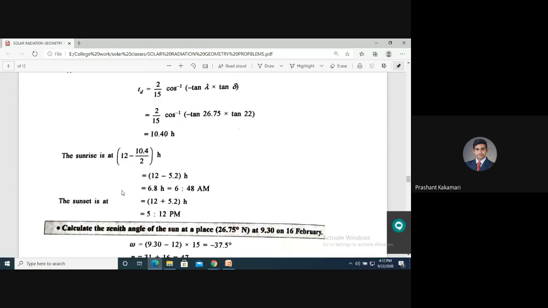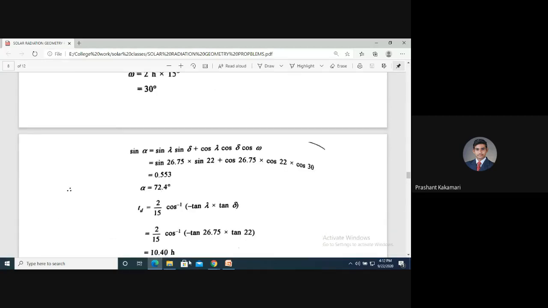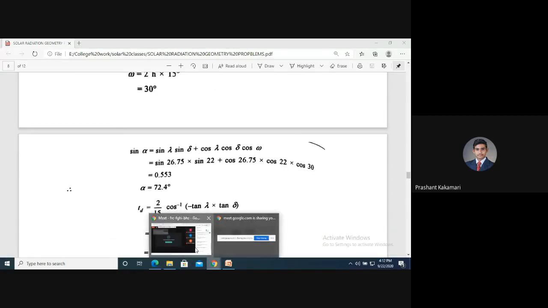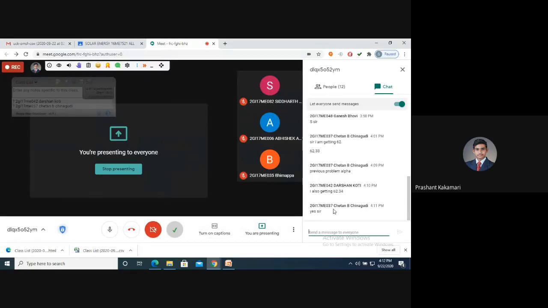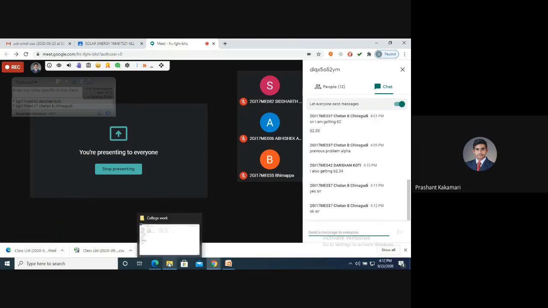The sunrise and sunset angle as per the change of alpha value. Okay. So shortly with the same procedure, we will complete another problem and wind up this topic. Later we can discuss any doubts and the change of value you told. We'll discuss the sunrise and sunset angle of the earlier problem.